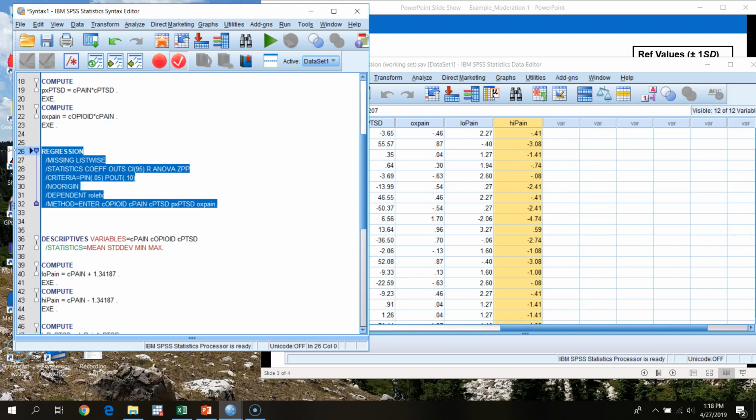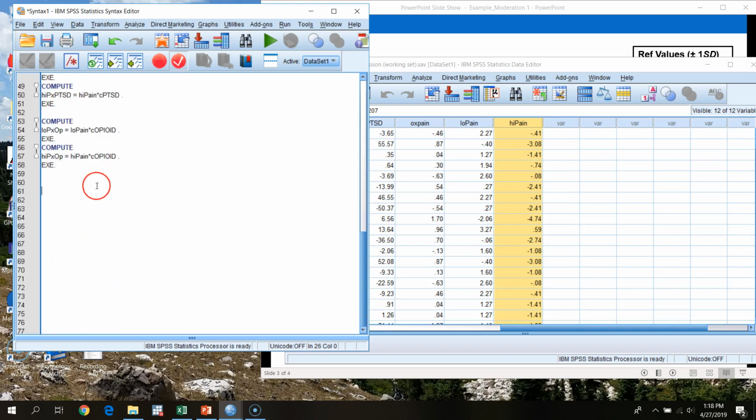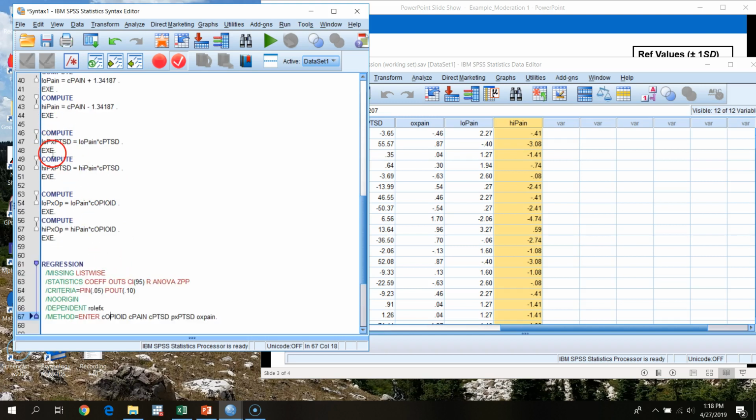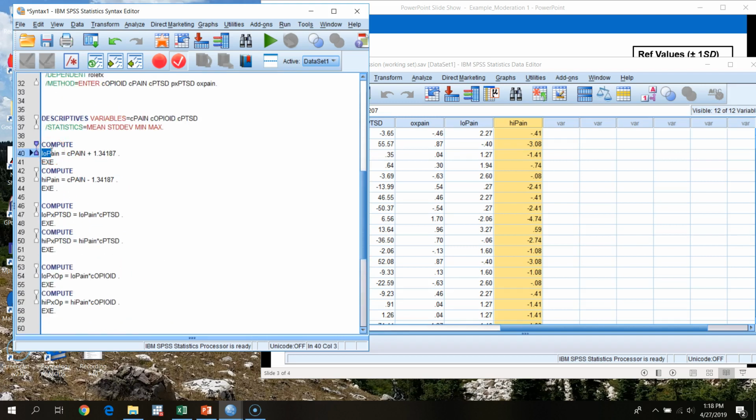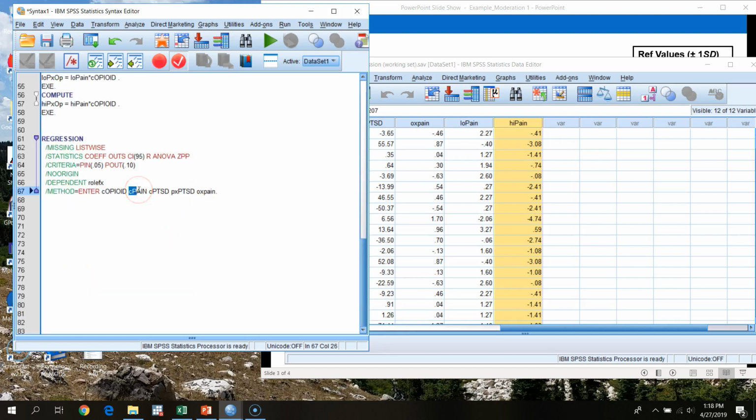And then I can go up and take my regression model here, and I'm going to create and take a look at regression models in this situation where I've got my opiate use, but for this one I'm going to substitute my low pain variable. Okay.